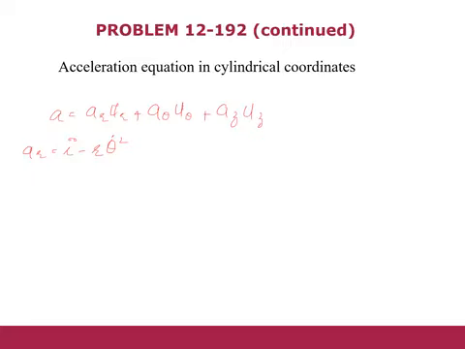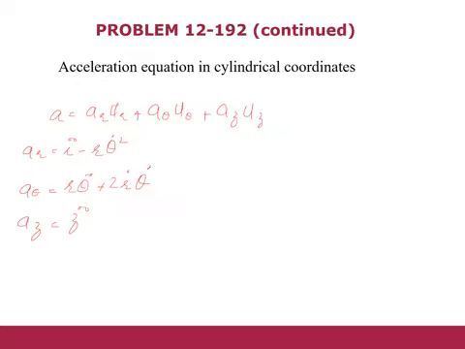And we have this a theta equal to r theta double dot plus 2 r dot theta dot, right? And we have this az equal to z double dot.